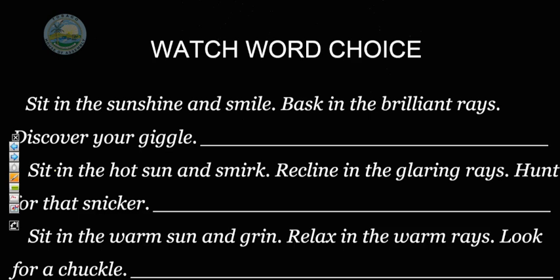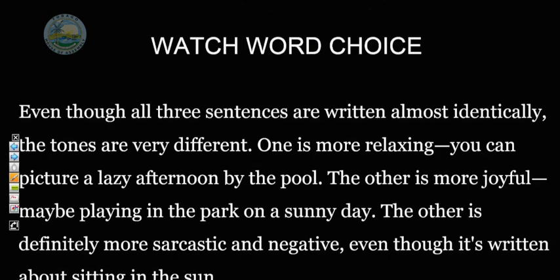When we look at all three, we can conclude that the tone varies in each case. There will be a varying tone for each one. So let's take a look. Even though all three sentences are written almost identically, the tones are very different. The first one is more relaxing. You can picture a lazy afternoon, possibly by the pool.